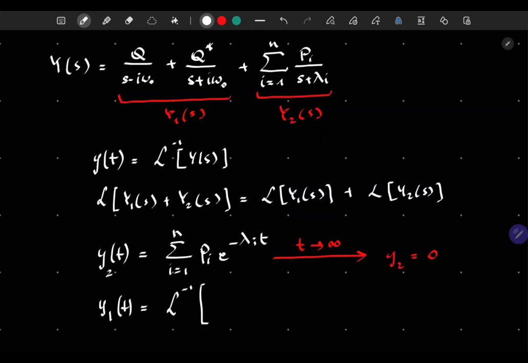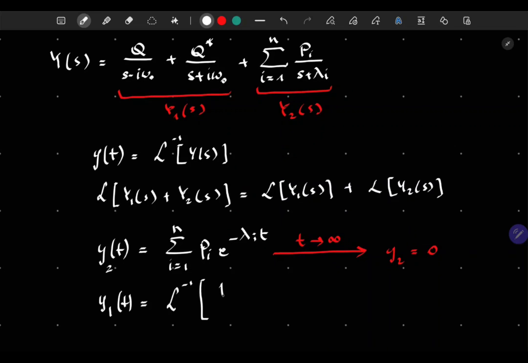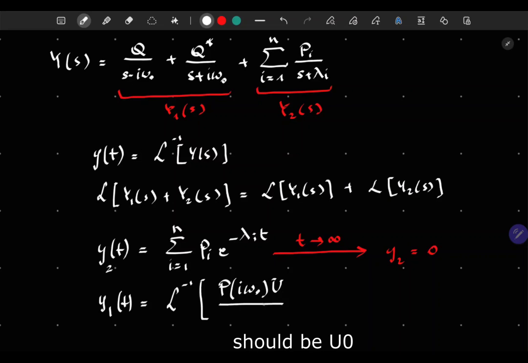And y1 of s is given by P evaluated in i omega naught, where P is the transfer function of the plant, times the amplitude of the input over 2i times s minus i omega naught, plus the complex conjugate term P star of i omega naught, again times u over minus 2i this time, times s plus i omega naught.